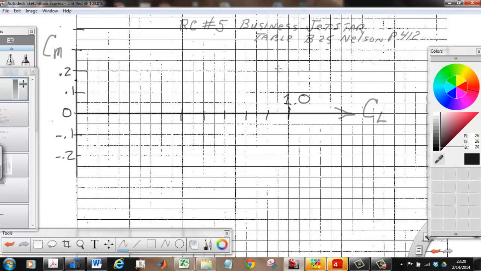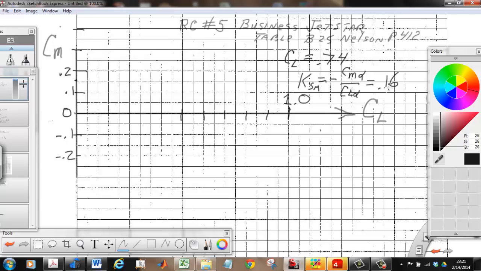So for the trim triangle, we're given that C sub L is 0.74. That's from the table, or 0.737. No need to go to 3 decimal places here. And once again, the static margin is minus Cm alpha over Cl alpha, and they're both given as minus 0.8 and 5.